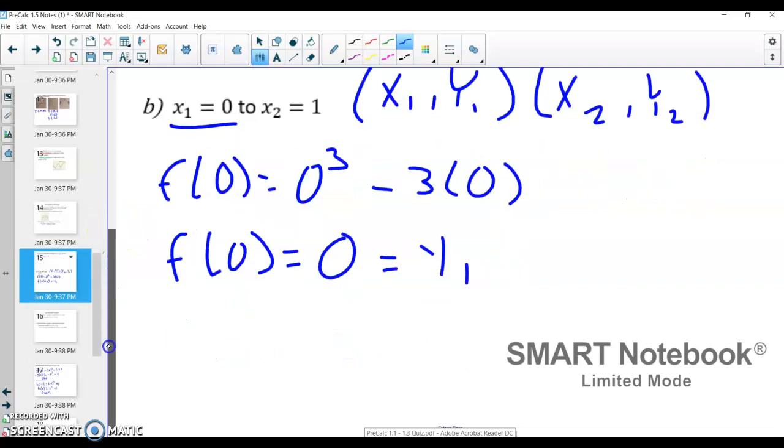Okay, so now I have my first point. I have an x1, y1 that is 0, 0, from here and from here.